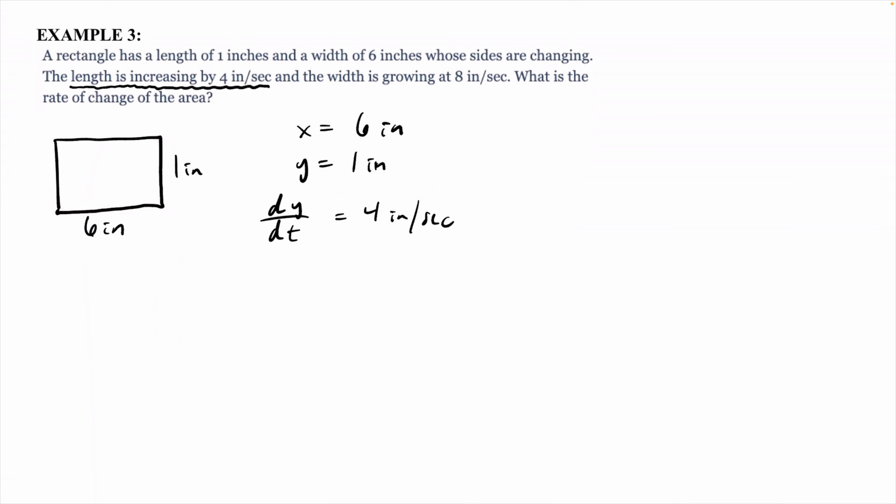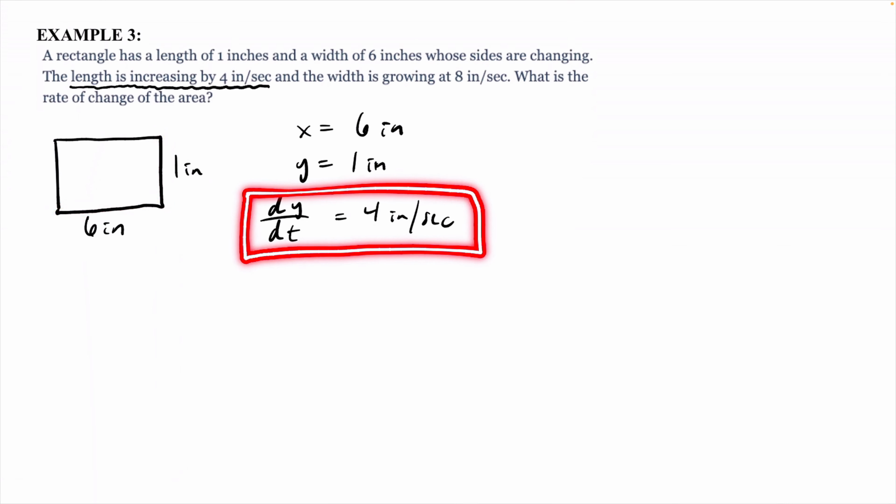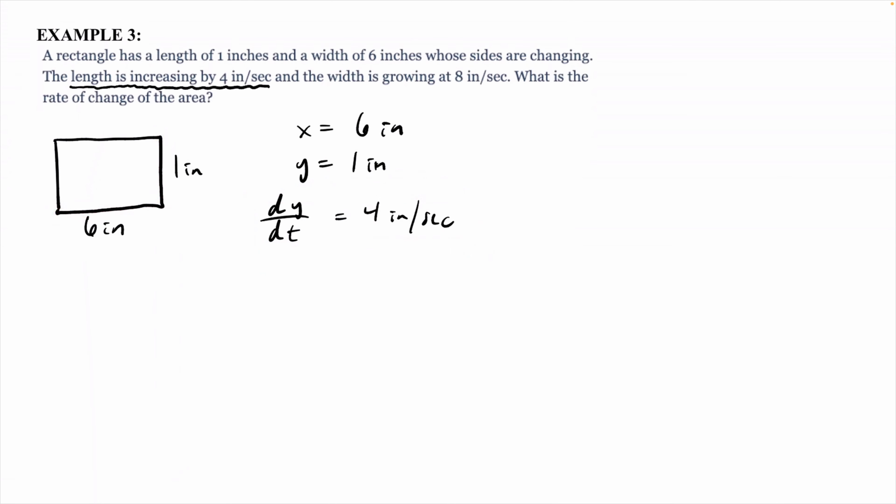That statement says the length is increasing at a rate of 4 inches per second. What about the width? What about dx over dt? 8 inches, right? Positive 8 inches per second.